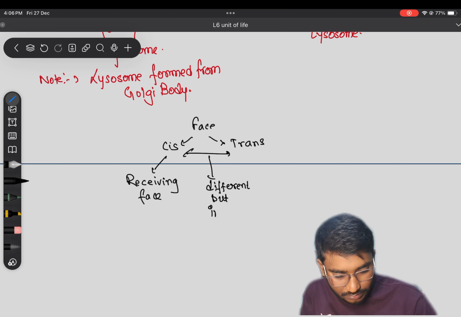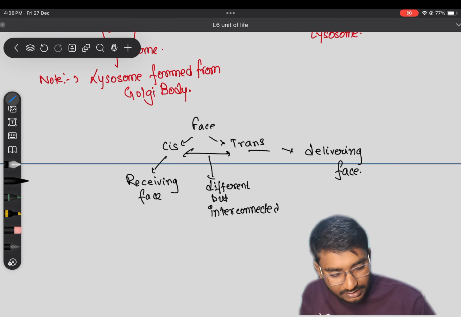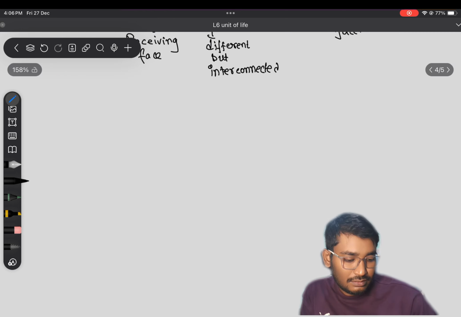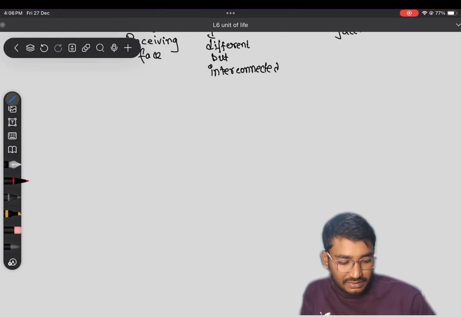These are different but interconnected. And this is the delivering phase. Okay. Now we come to lysosome.